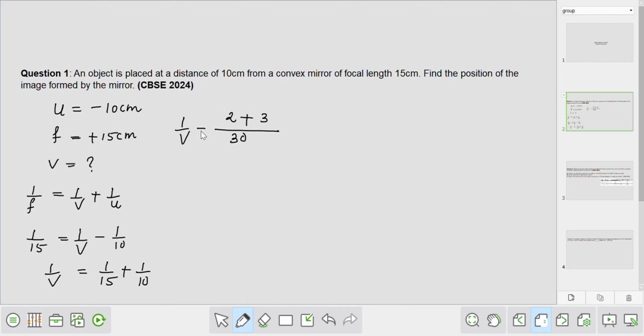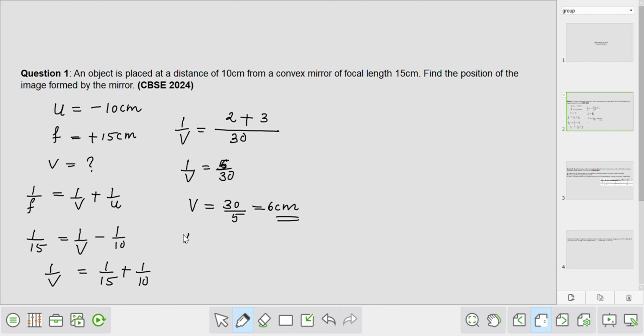So 1 by v is equal to 2 plus 3 by 30, or 1 by v is equal to 5 by 30. So v is equal to 30 by 5, which is equal to 6 centimeter. So hope you got 6 centimeter. So in this case, the image position is 6 centimeter.